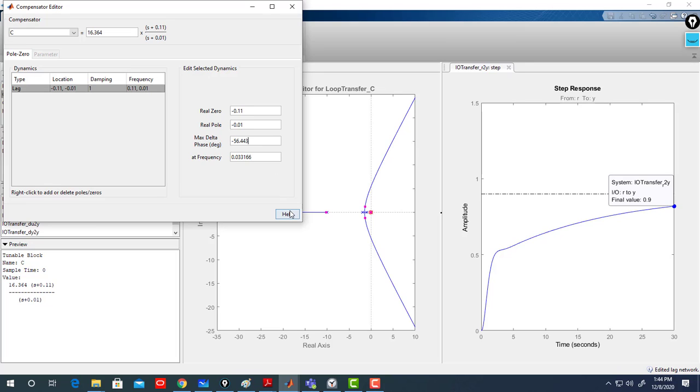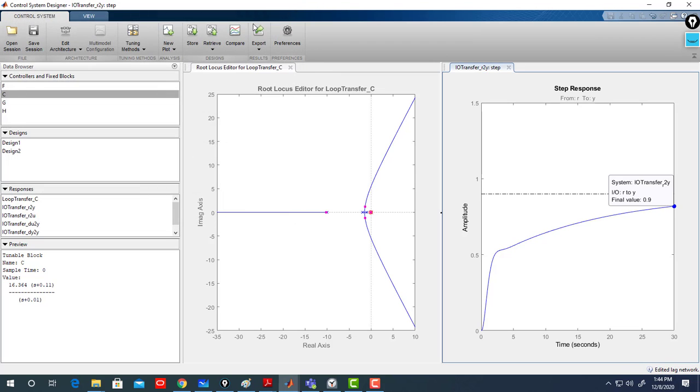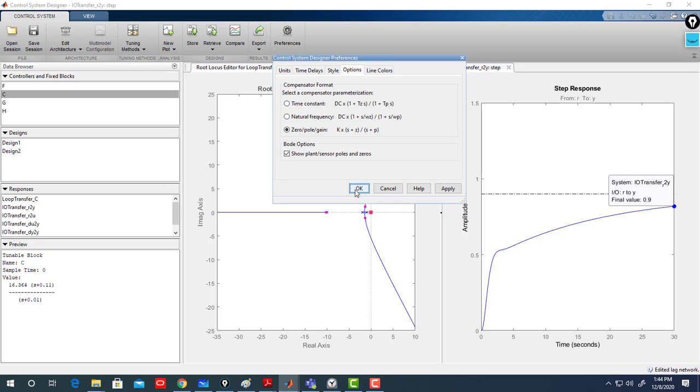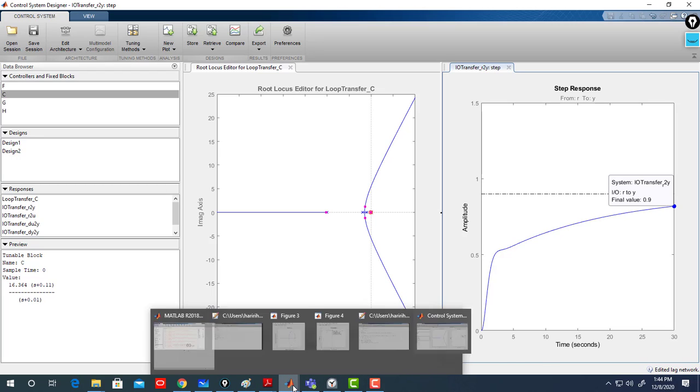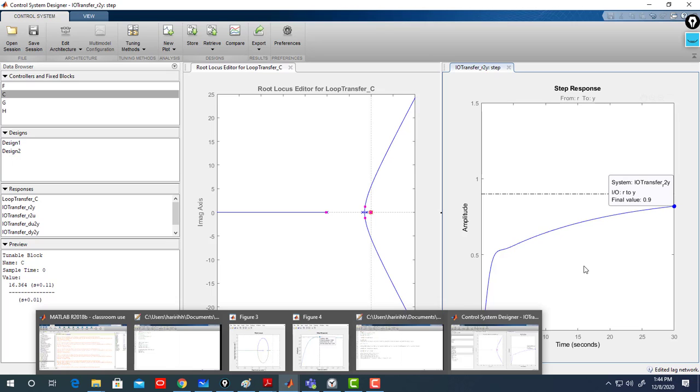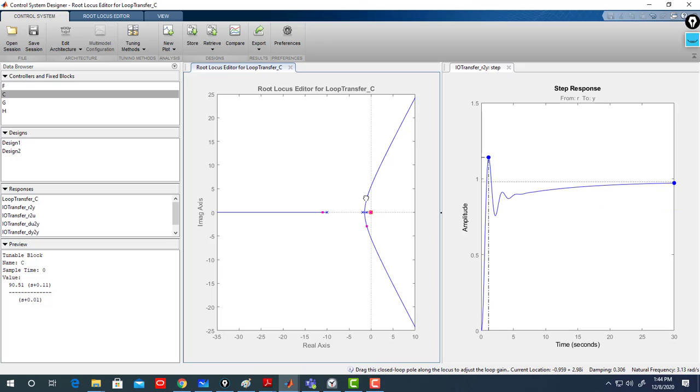So this is how my system behaves. Preferences, we have it as we said. So now this is how my system behaves. Did I satisfy my requirement? Well, you need to change your gain K until you find it.